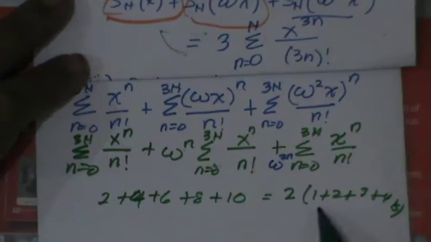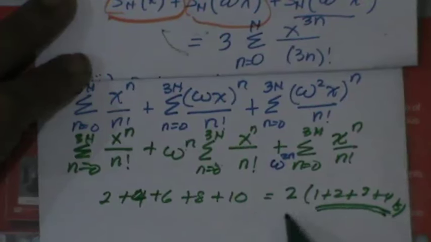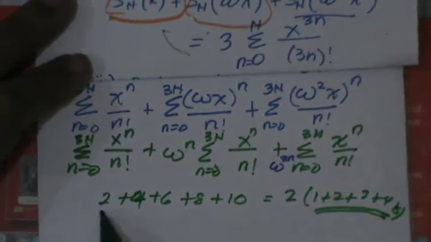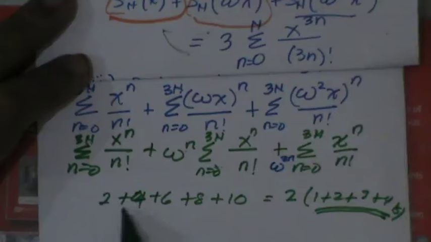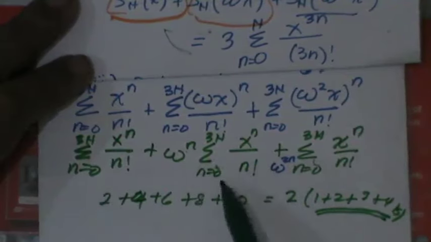So meaning taking the sum of this one times the 2 is just the same thing as taking the product of each one of these. So basically it just follows the same logic as this one.